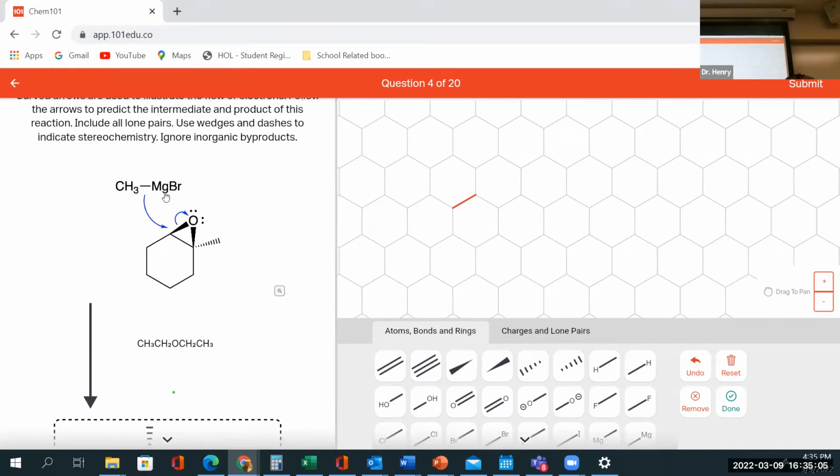No, because the magnesium bromide, so right now, this is being attached. If we have magnesium bromide, we have one bromide. What is the charge on magnesium? It's positive 2, because magnesium is a group 2 metal.